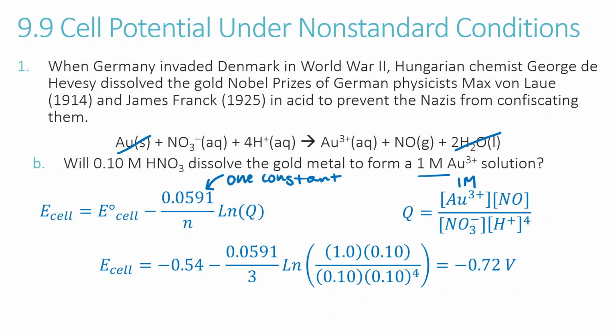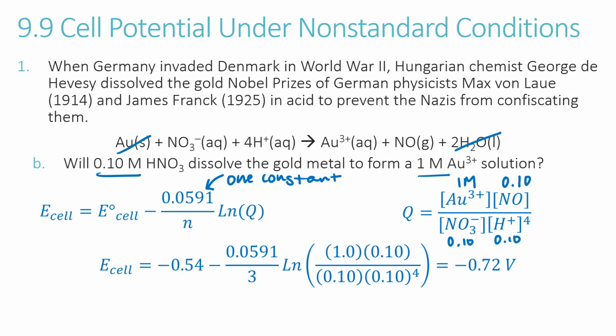And it says that we're going to have 0.1 molar HNO3. So we could predict that these are both going to be 0.1 and 0.1. We get that from the nitric acid dissociating. And NO is what we produce. Based on the fact that nitric acid is limiting here, this is going to be 0.1 also.